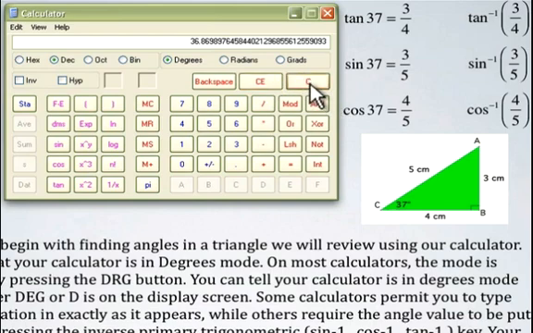And again, we're going to do cosine, so bracket 4 over 5, 4 divided by 5 was our cosine ratio, and we're going to take this inverse cosine, and again we get that 36.869.